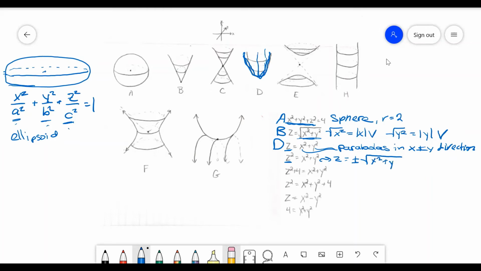Well, now this looks exactly the same as what we had here with z equals the square root of x squared plus y squared, except now we have both a positive and a negative component. So what this means is that we're going to expect it to have the same shape as b, but have one that opens upward and one that opens downward, which means that we're going to be looking at c.